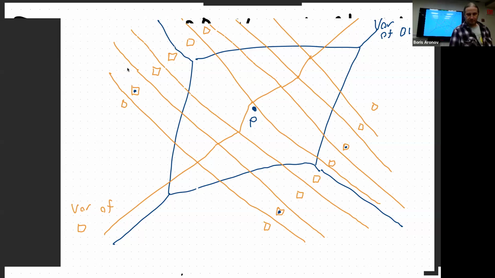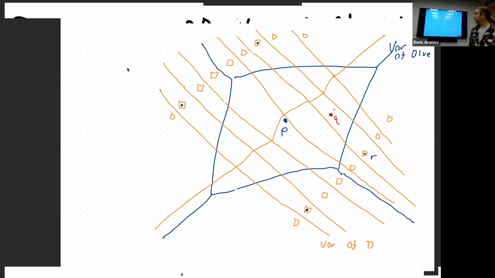Look at the query point Q. How do you find Q's closest orange point? Well, which cell am I in? I'm in that cell. Is this also a blue point? Yes.